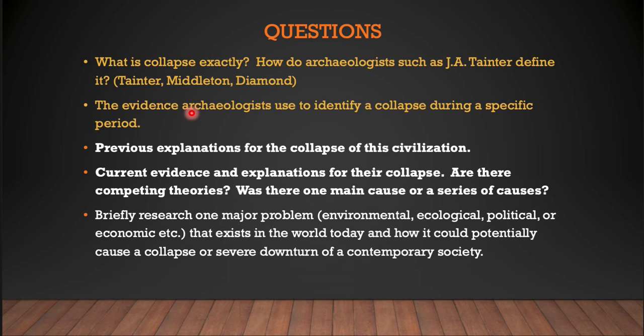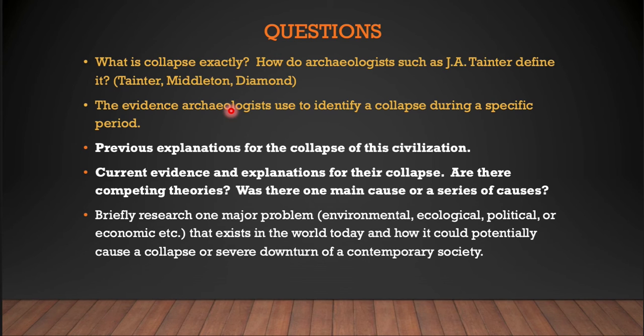So it looks like the whole place was abandoned. That's the definition of collapse. It was abandoned very quickly. There are other pieces of evidence that archaeologists use to say, yes, this society did collapse, as compared to this society declined very slowly over several hundred years. That's not a collapse. That's very different. So that's the evidence archaeologists use to identify that collapse happened. So you'll explore some of that in the paper and also the presentation.